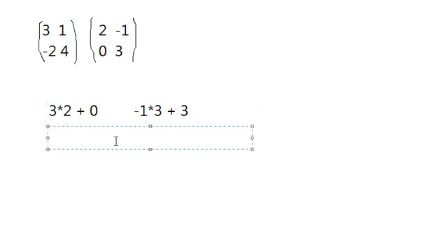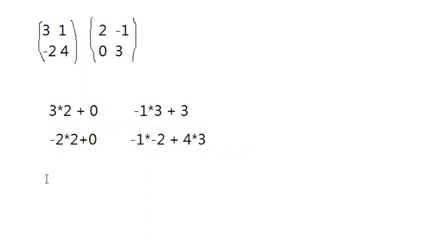On the bottom, we use -2 and 4 with 2 and 0, which gives you -2 times 2 plus 0, because again it's 0. And so now the last one will be -2 times -1, then plus 4 times 3. So you have to simplify the whole thing in order for it to be counted as correct.